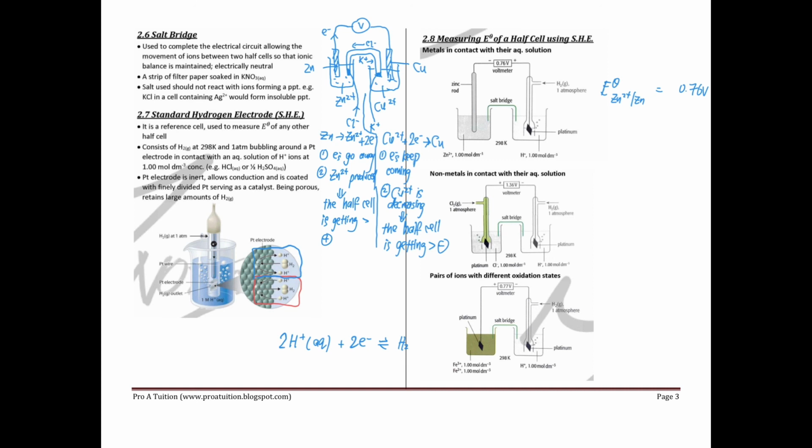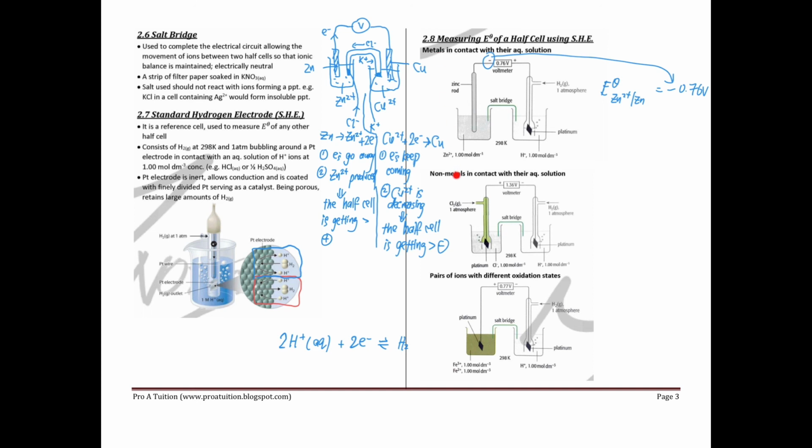If the voltmeter is using the positive terminal to connect to this half cell, then it's positive. So I just draw an arrow. This negative affects the sign of the E theta. Okay, now we move on.